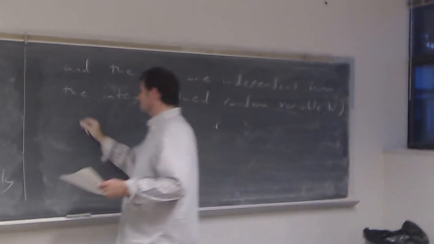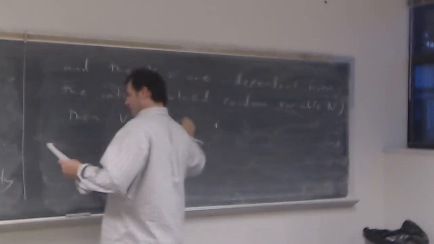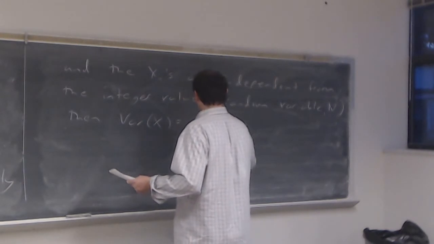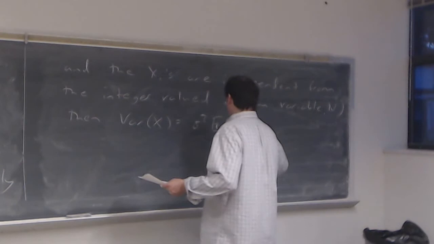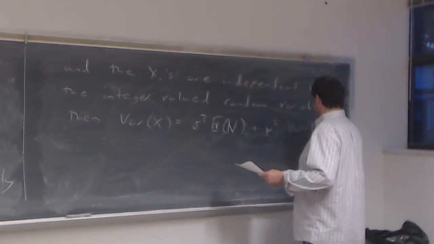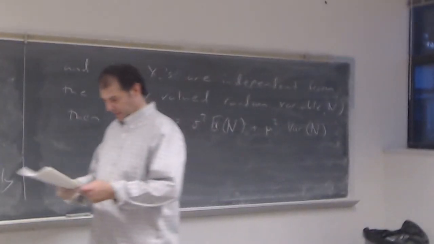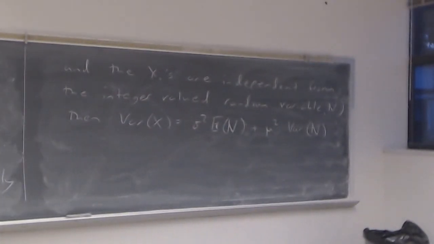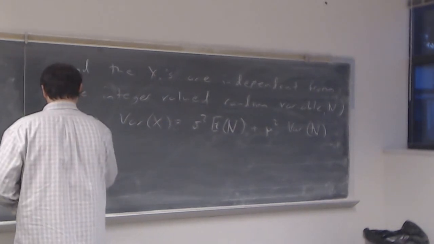Then the variance of X is equal to sigma squared times the expected value of N plus mu squared times the variance of N. That's what we got. So we want to prove that. It'll take a few minutes. So here's the proof.